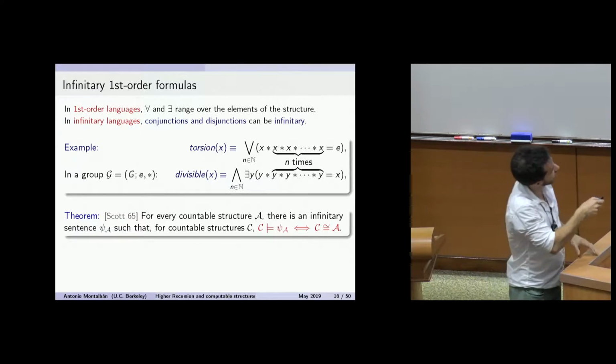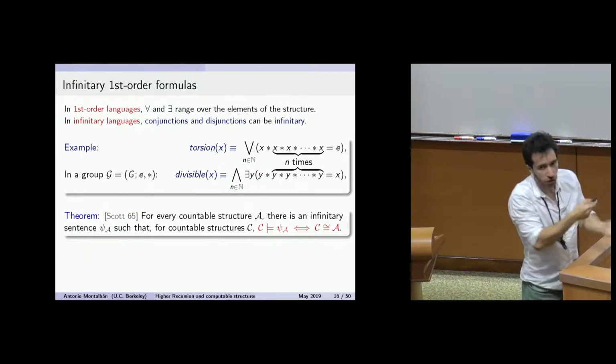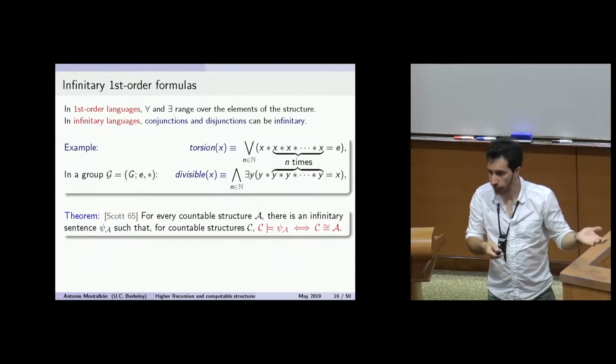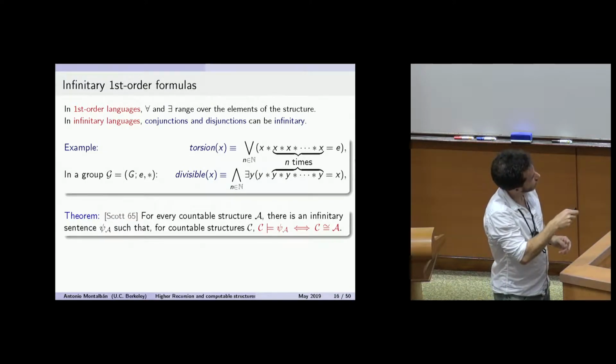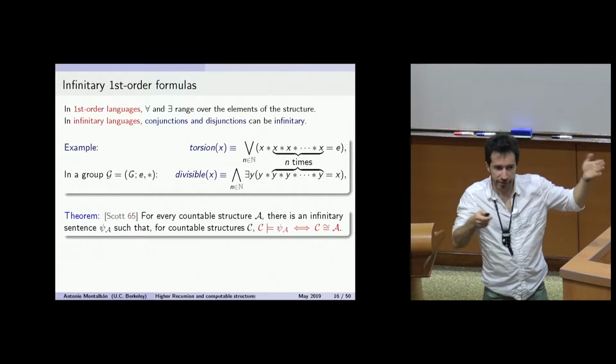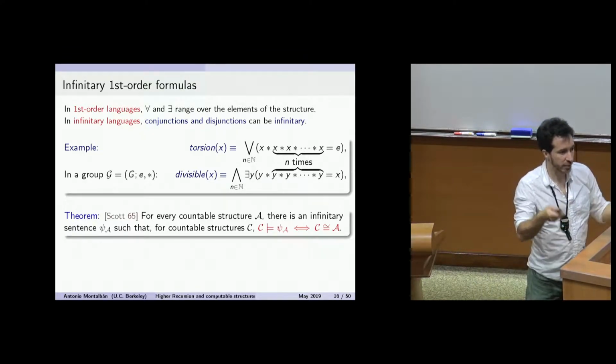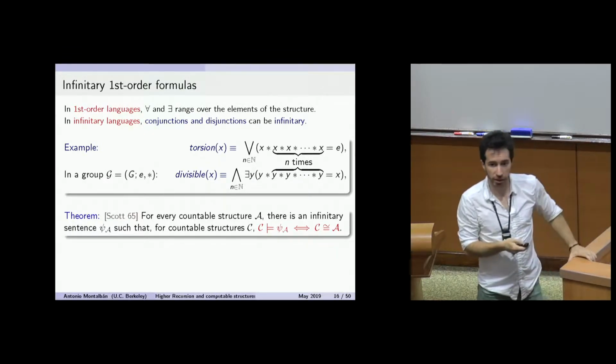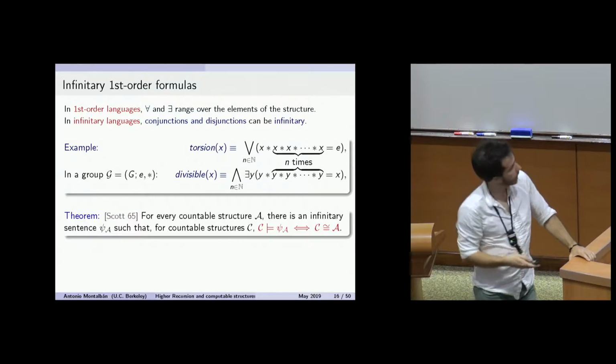So this sentence is true about A and is only true about things that are isomorphic to A. It's true about C if and only if C is isomorphic to A. So it's a sentence that determines completely the isomorphism type of A. It's only true about things that are isomorphic to A.